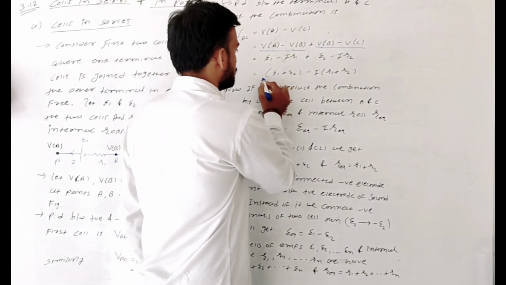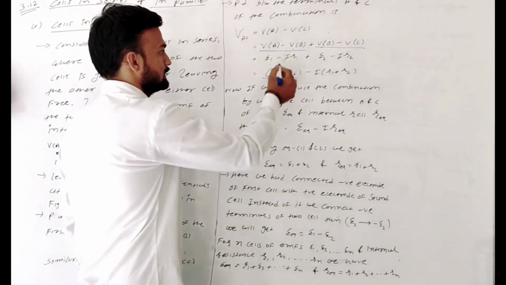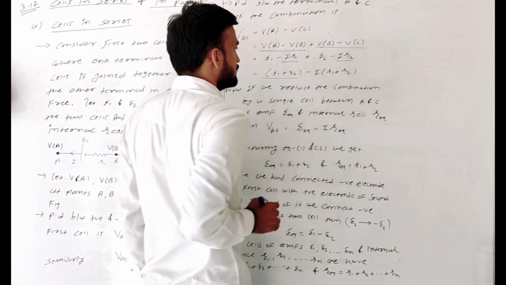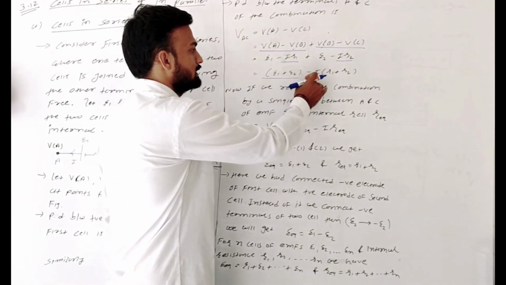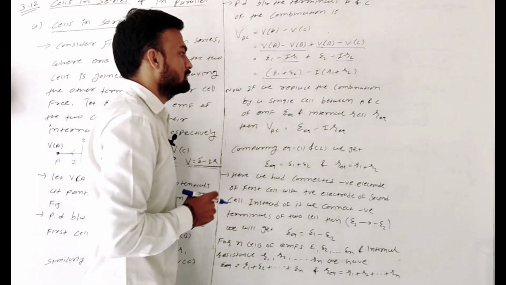Now after simplifying, you can see that current I is common in these two terms. So it becomes E1 plus E2 minus I times (R1 plus R2).